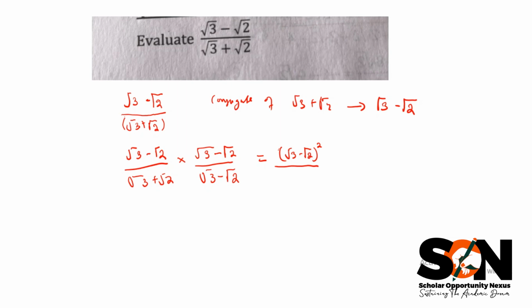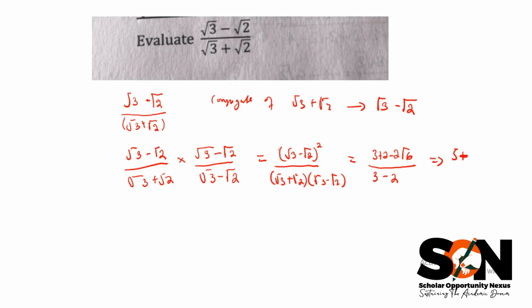the difference of two squares, so we have square root of 3 plus square root of 2 multiplying square root of 3 minus square root of 2. Then this should give you 3 plus 2 minus 2 square root of 6, all over 3 minus 2.